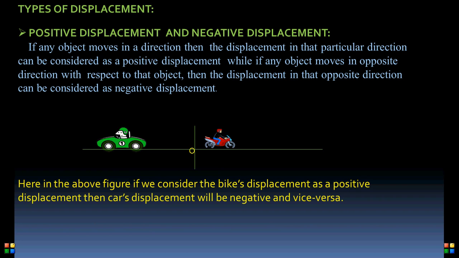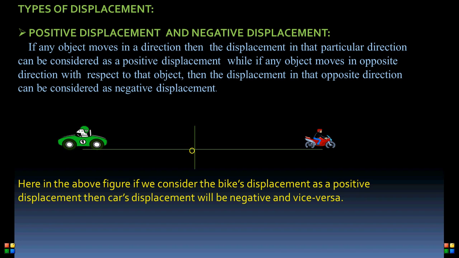For example, if O is the origin here and a bike moves in the east direction while a car moves in the west direction, and we consider the displacement of the bike as positive displacement, then the displacement of the car will be negative displacement, because these two things are moving in opposite directions. That's why we are saying that one is positive displacement, the other is negative displacement.